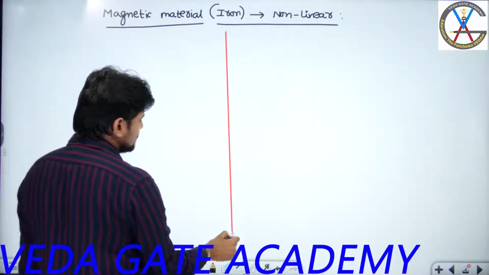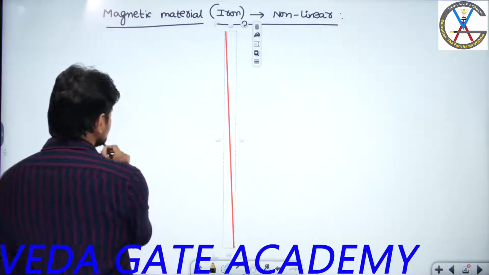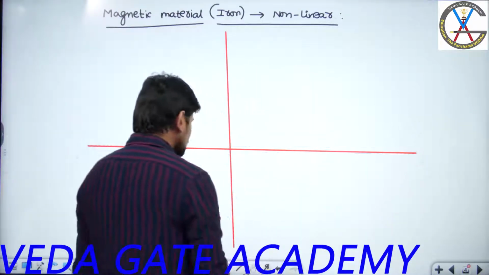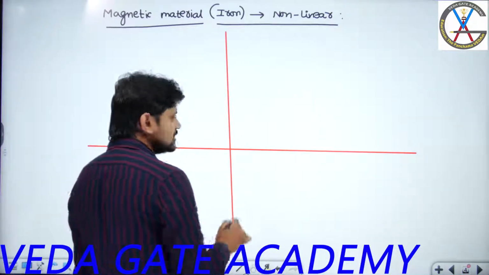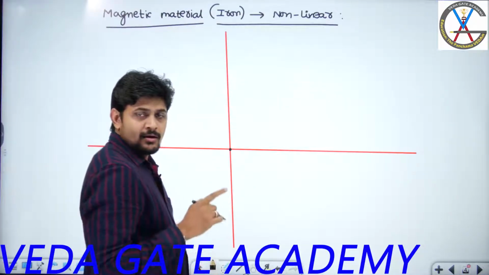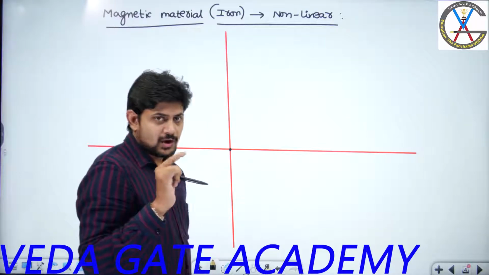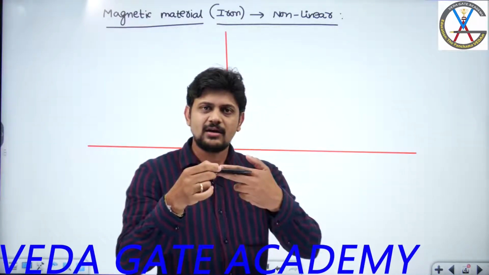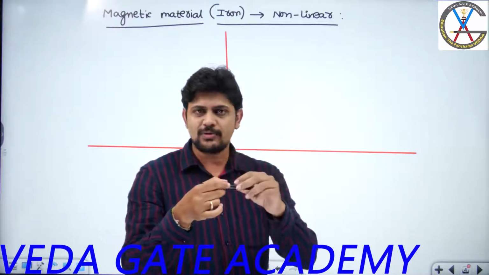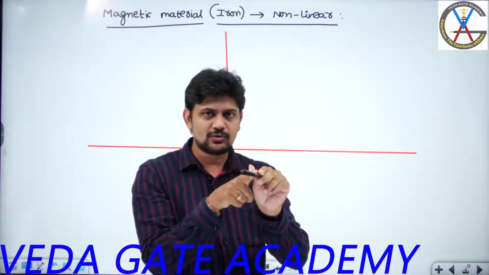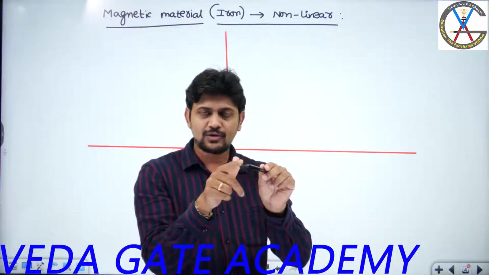If I draw the BH characteristics, initially it will start from here. In order to align the outermost orbits, I pass some magnetizing current, and some flux will be produced because of the current flowing through the winding.